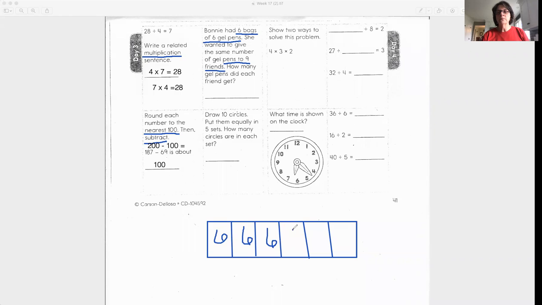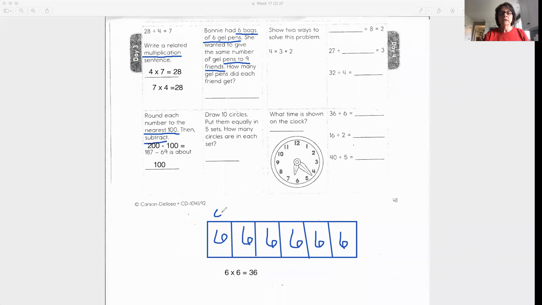We have equal groups. We're either multiplying or dividing. So the number sentence I would write to find out the total number of pens would be 6 groups of 6. How do we write 6 groups of 6? We write 6 times 6 equals 36. And if you wanted to, you could skip count those if you don't know your 6s.